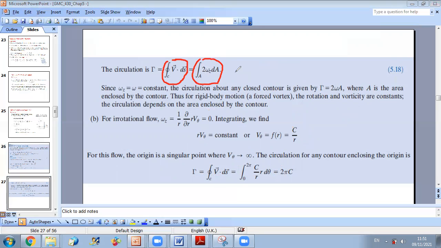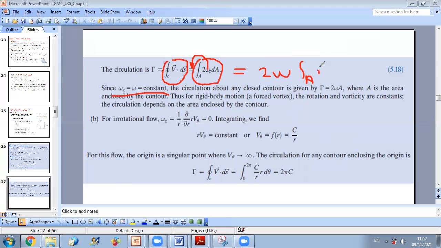Now, in this case, because omega_z is a constant, we have shown together that omega_z equals omega, a constant, then we can move it outside of the integral. Okay, and in this case, we'll have that the circulation is 2 omega integral over A of dA.